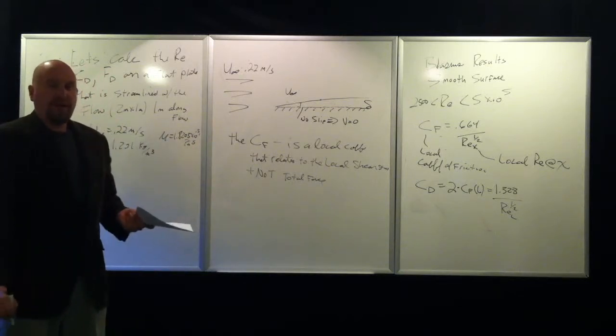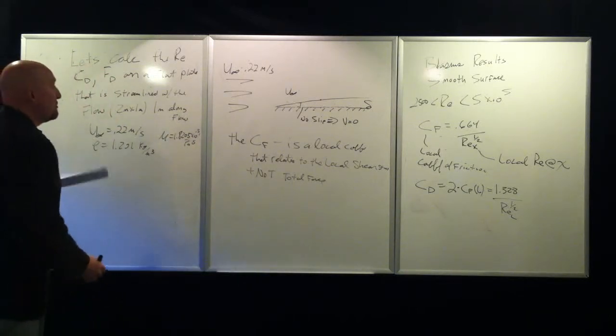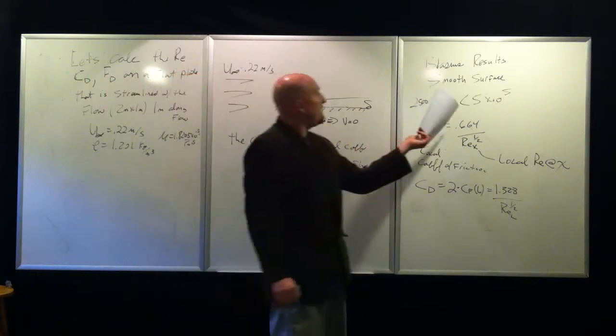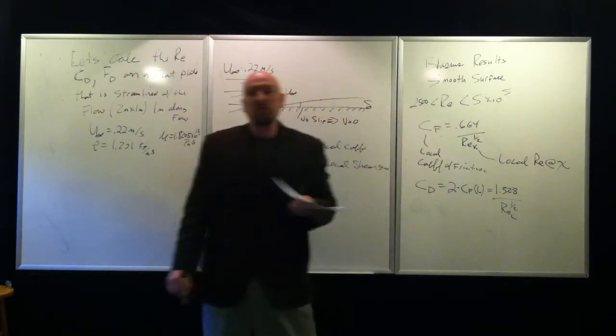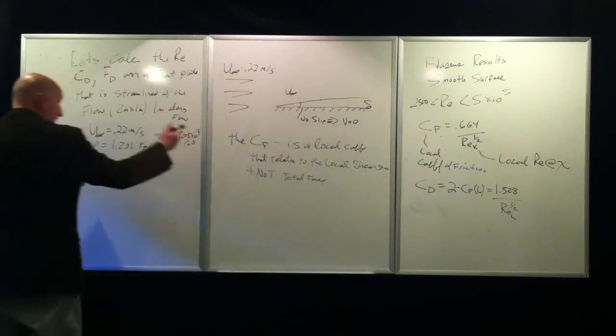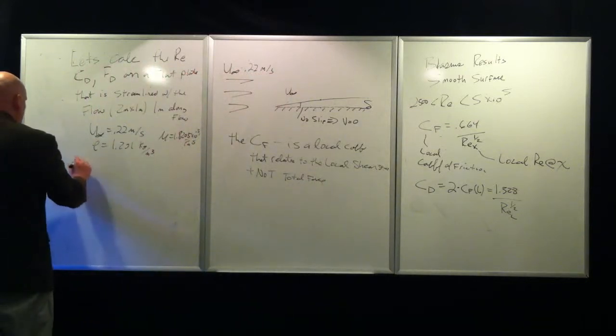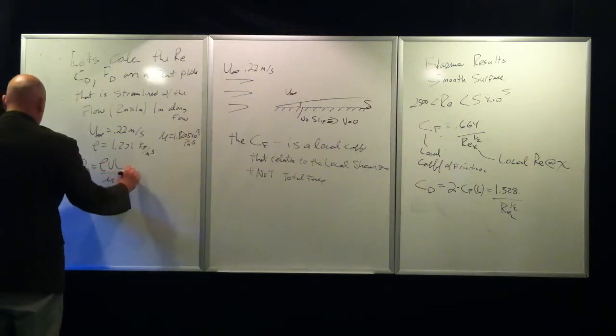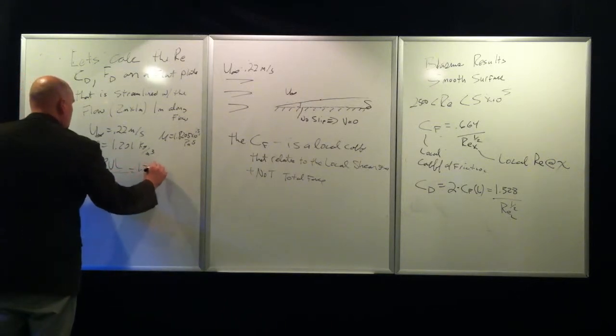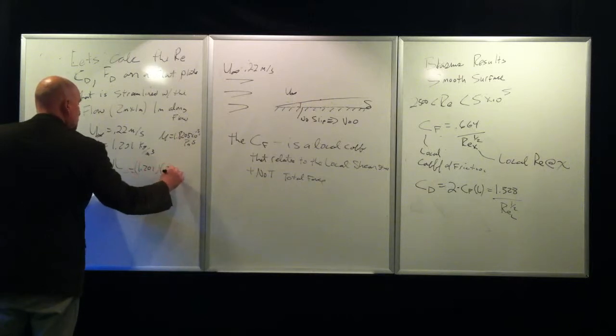So the very first thing we want to calculate is our Reynolds number to determine if we can use these formulas. Reynolds number needs to be within that range, and again we have to have a flat plate that's smooth. So Reynolds number, rho V L over mu, 1.201, 0.22.